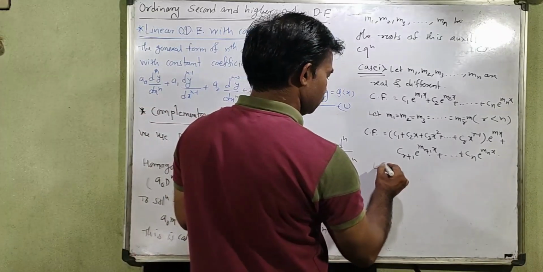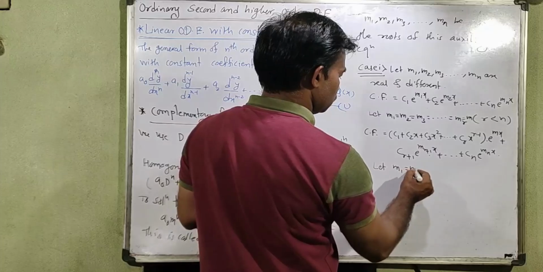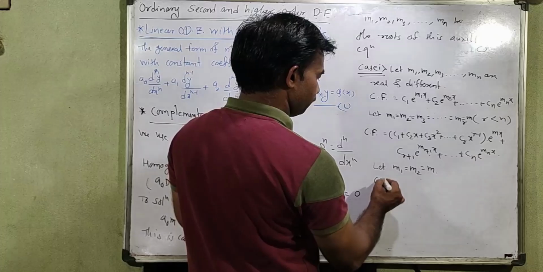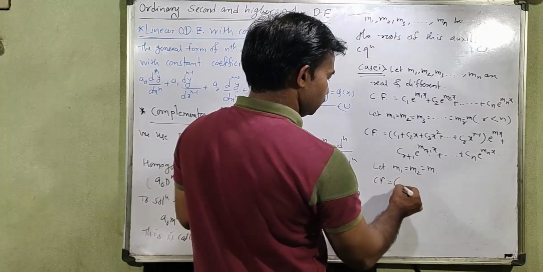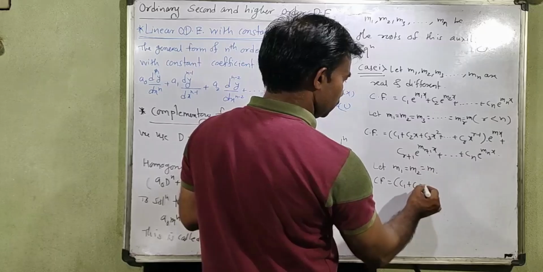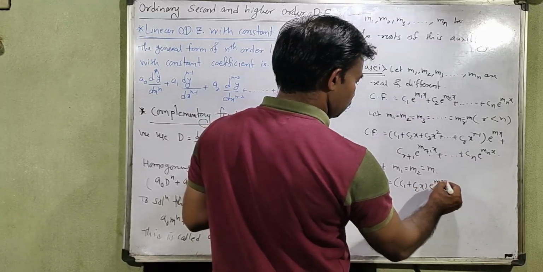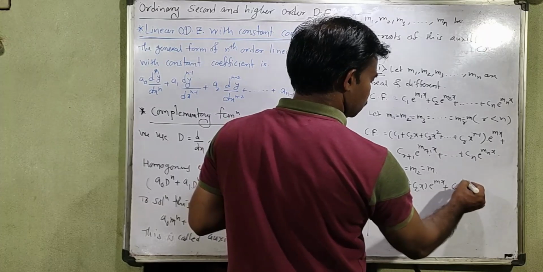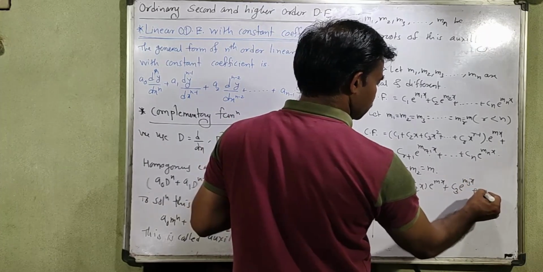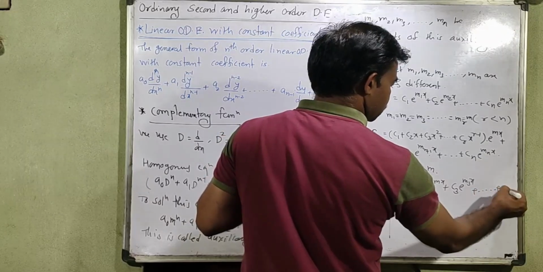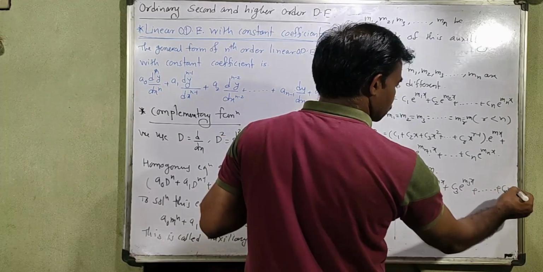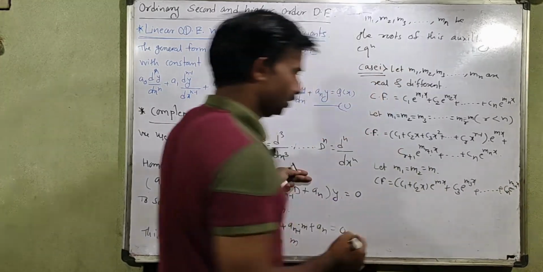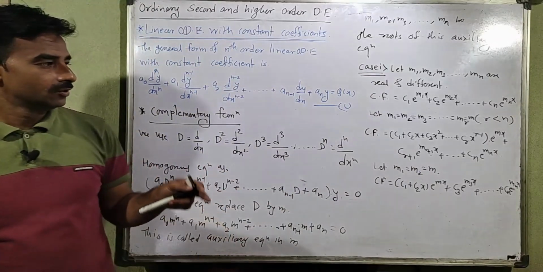Let m1 = m2 = m, then the CF is (c1 + c2x) e^(mx) + c3 e^(m3 x) + and so on up to cn e^(mn x). Okay, this is case number 1.